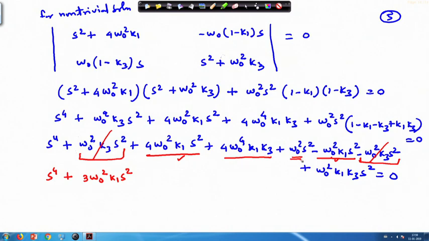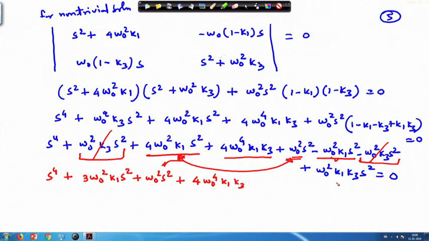Then we have this term present here, which is omega 0 square s square. And the last term which remains, so these two we are combining here in this place, and the last term that remains is 4 omega 0 to the power 4 k 1 k 3.